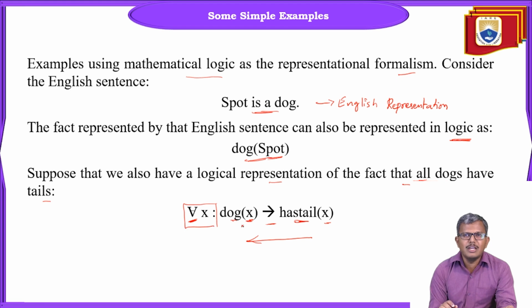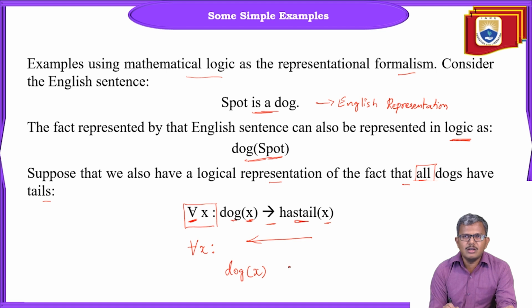If you ignore the quantifier, that means we are talking about only one particular dog. But in the fact representation, it has been mentioned as all. So whenever it is all, for representing such an all, we make use of for all x. If you ignore this, we can write first dog x. We are taking a variable x to represent the dog.